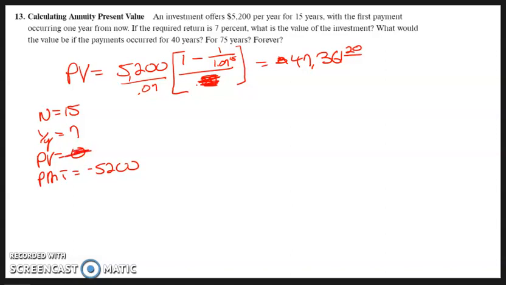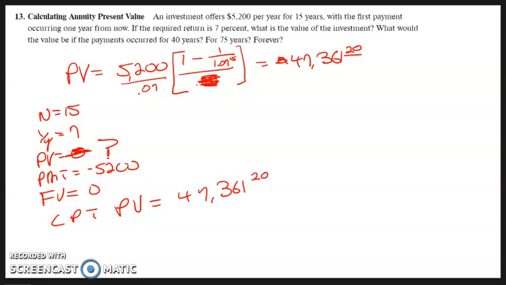I'm sorry, we're computing PV. Future value is 0. Then we compute PV and should get $47,361.20.